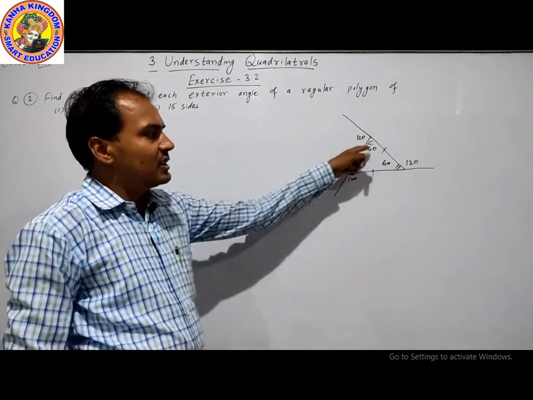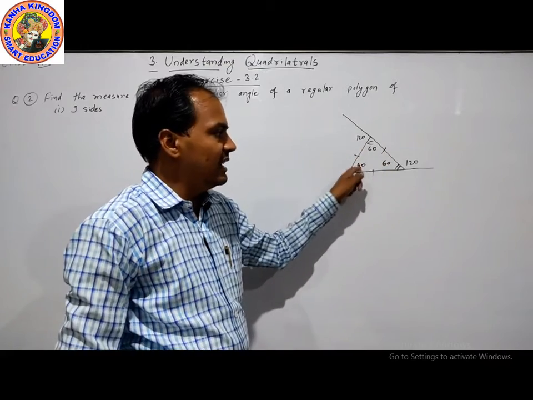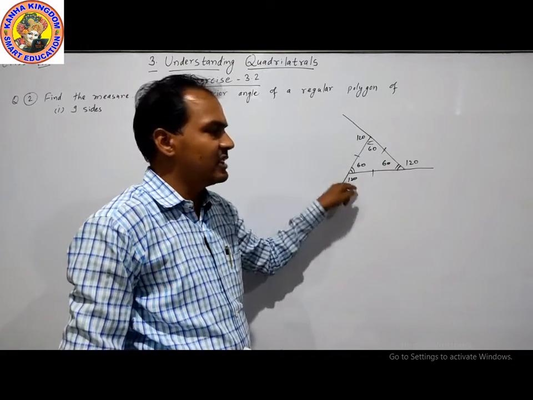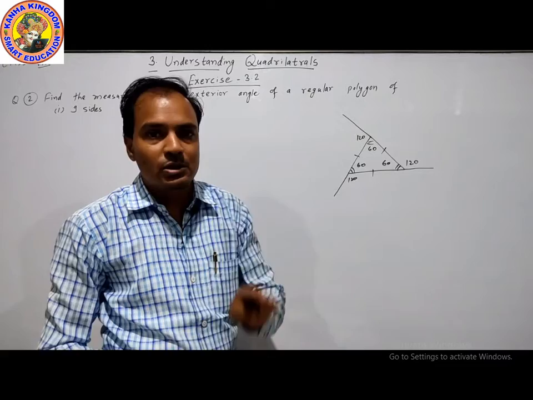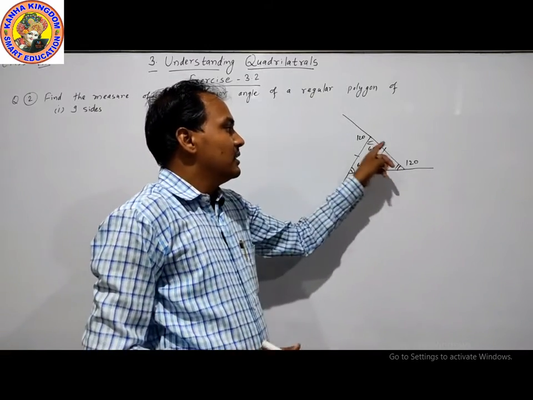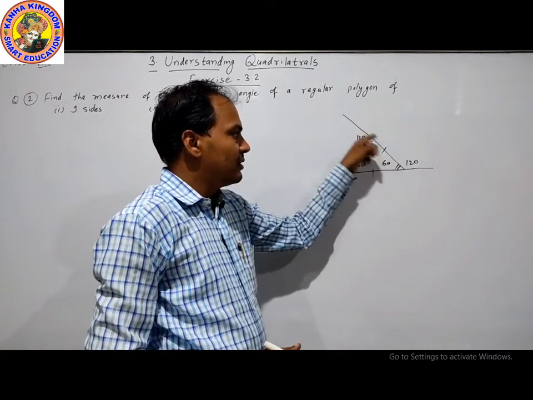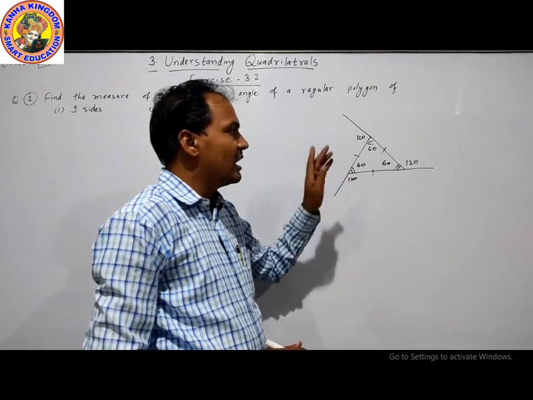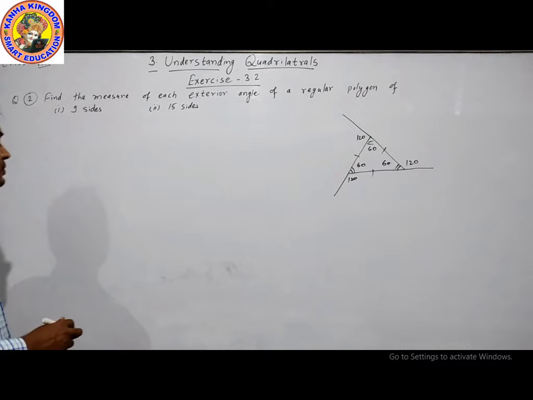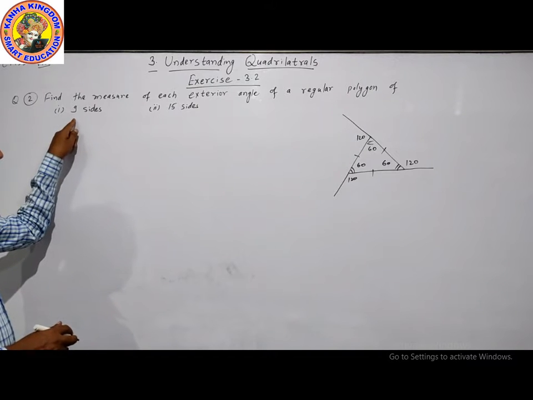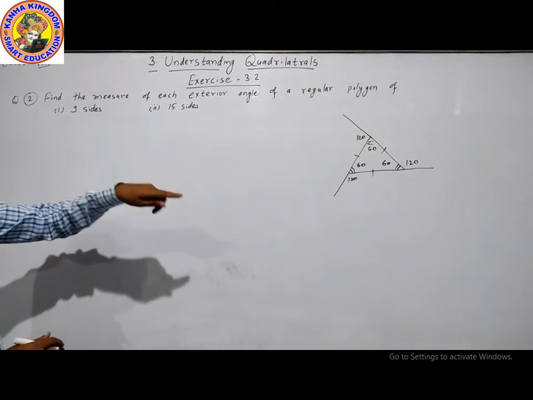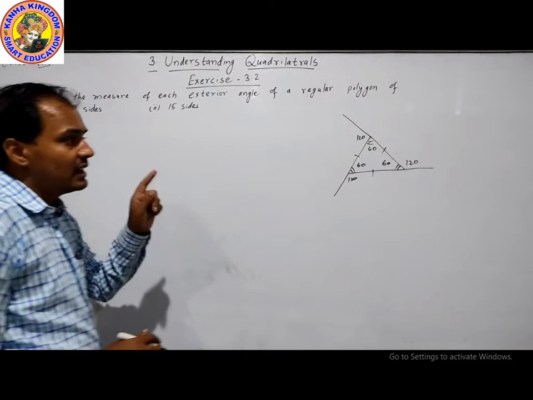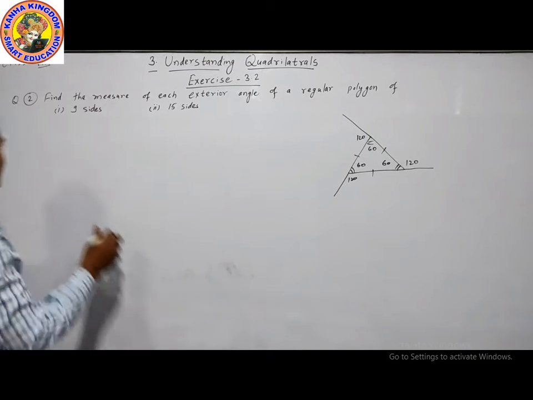If we draw three sides, there are three internal angles and three external angles. In a regular triangle, the exterior angles are also the same. So if we have 9 sides, there are 9 equal exterior angles.